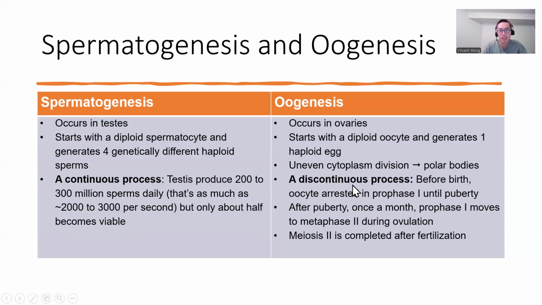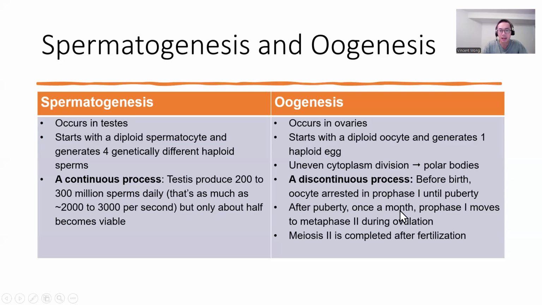And oogenesis is not a continuous process, right? It happens way earlier in life, before birth. When the baby, if it's a female, is still growing inside the mother, the oocytes will begin the process of meiosis, but it will be arrested, suspended in prophase one until puberty.